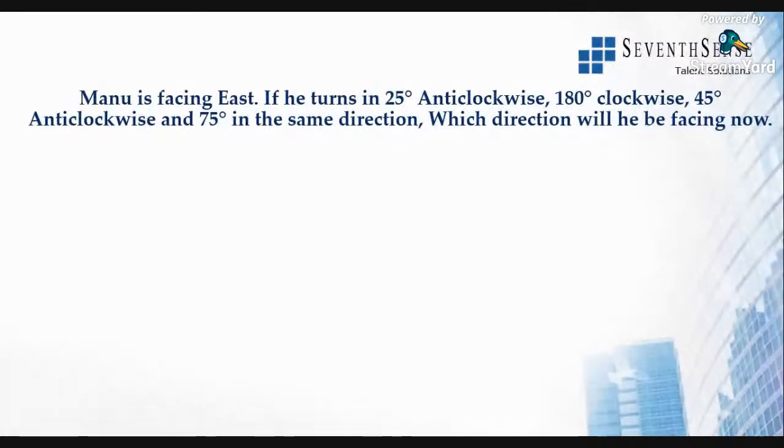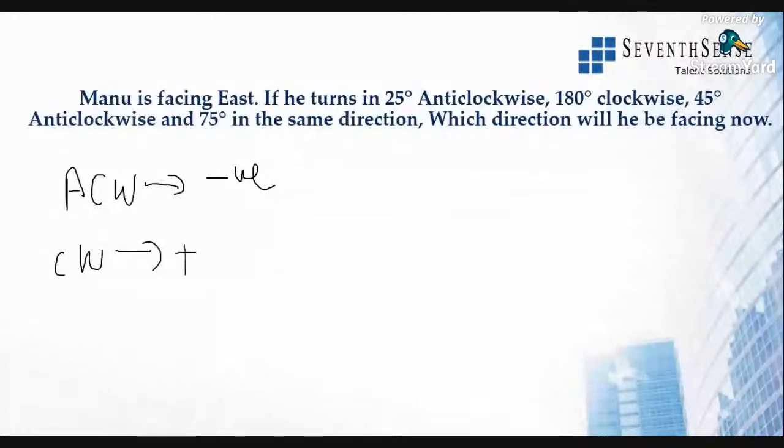If he turns 25-degree anti-clockwise, 180-degree clockwise, 45-degree anti-clockwise, then 75-degree in the same direction, which direction will he be facing now? For this, there is only one tip. Always remember, whenever it is anti-clockwise, consider it as a negative value. Clockwise, consider it as a positive value.